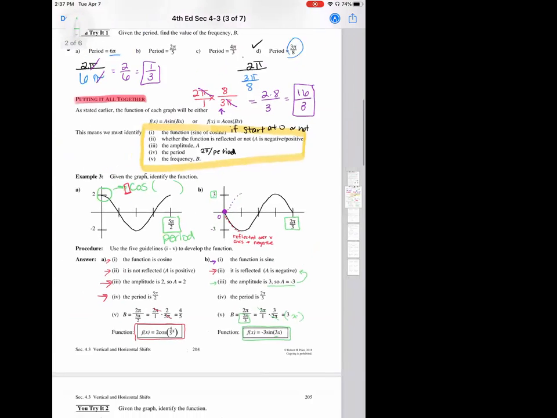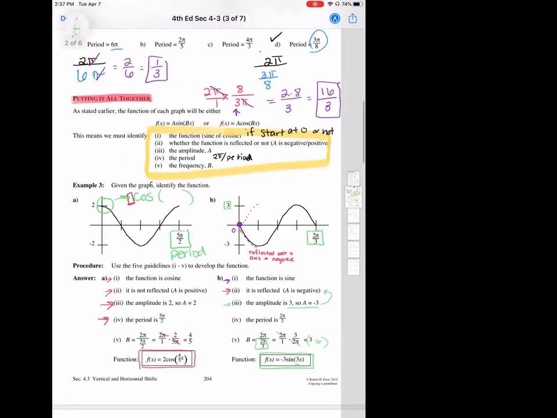Now, taking a look at example 3, this is your section. Are there any questions? Is there any piece that seemed off, that you didn't know where that number came from?